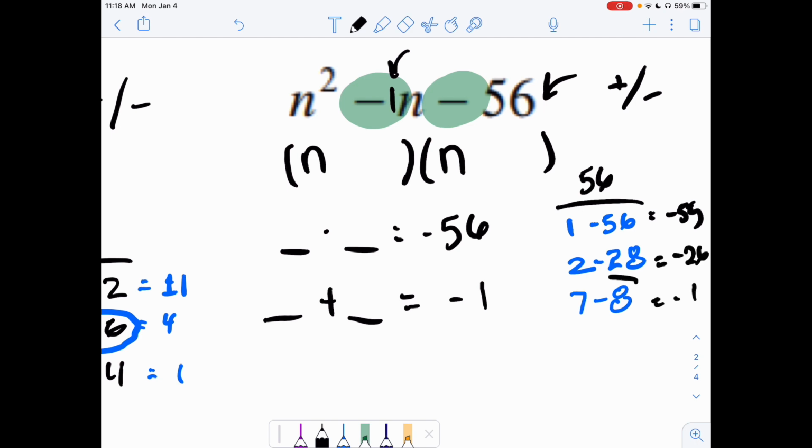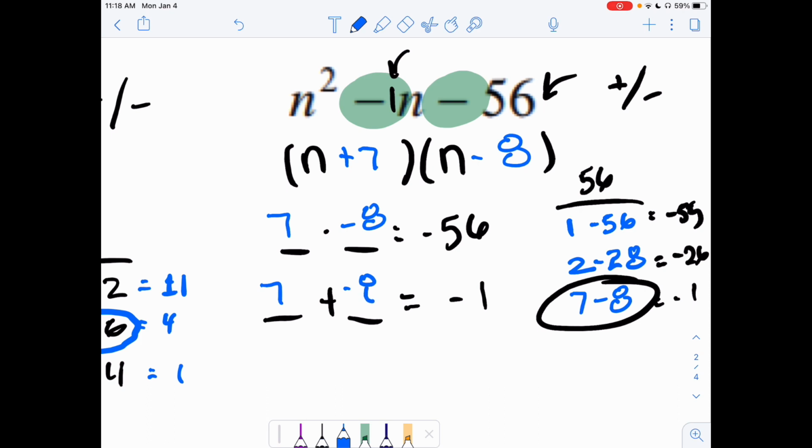It looks like my magic pair is +7 and -8. So when I factor my trinomial, my binomials are n plus 7 times n minus 8, because those are the two numbers that multiply to be -56 and add together to be -1.